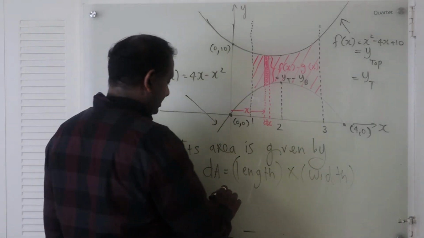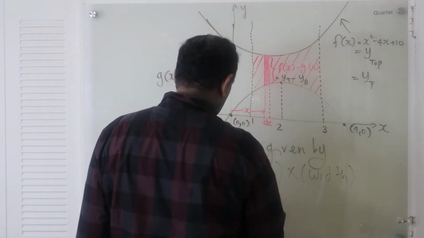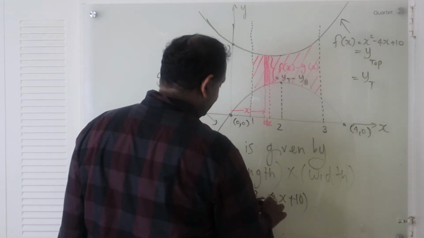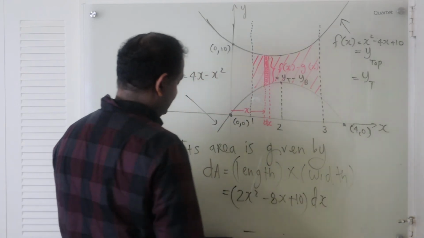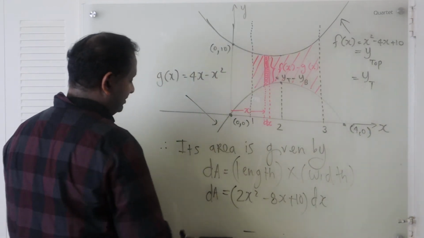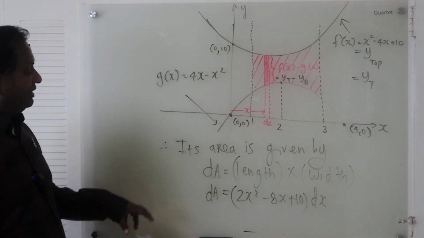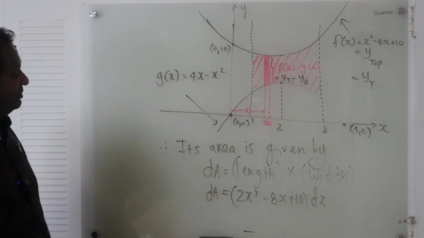Then we can plug in: length is nothing but 2x squared minus 8x plus 10. Width is nothing but dx. This is dA. See, that's the infinitesimally small area of that small strip.